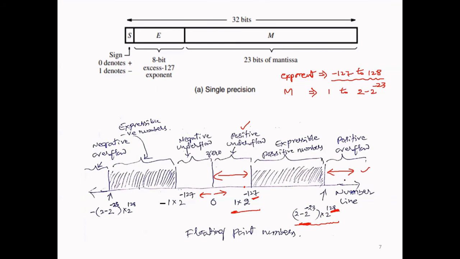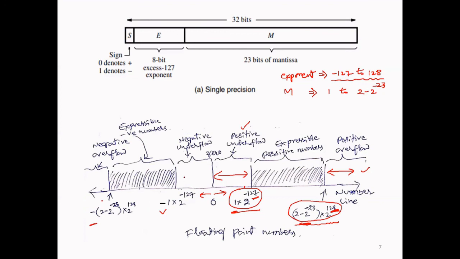If you understand this positive side, the negative side is very easy. Take this value and put a minus here. That's all. That is the maximum negative number. And take this maximum value and put a minus here.